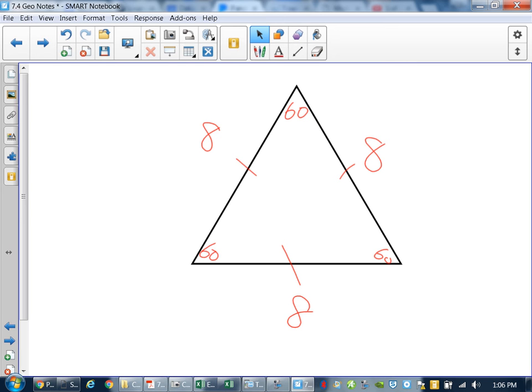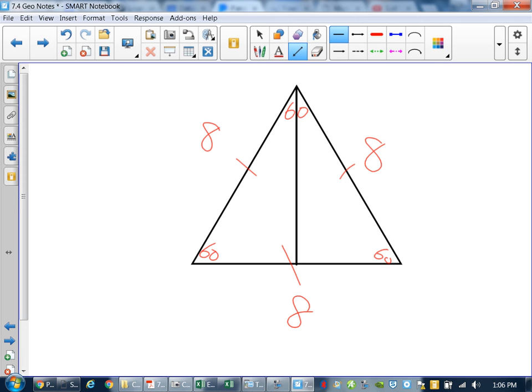Okay with that? Now what I want to do is draw an altitude. An altitude is the segment from a vertex to the side that is perpendicular. So if it's perpendicular, it creates a right angle, which means then this is 90, this is 60.